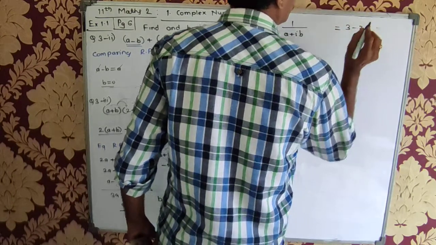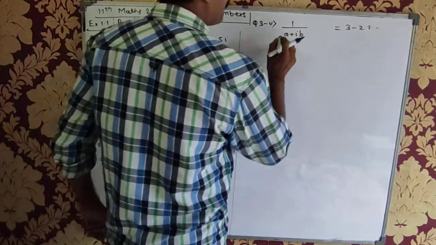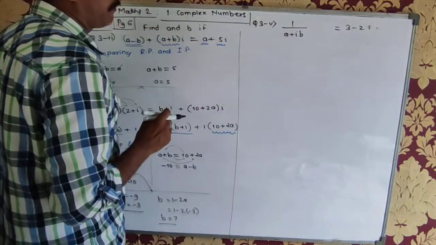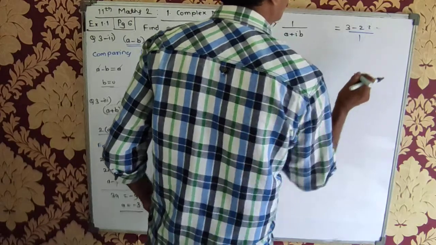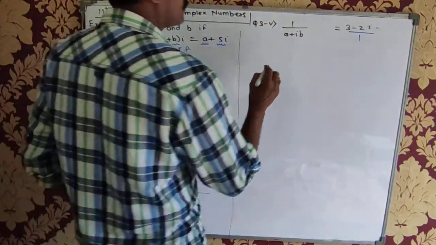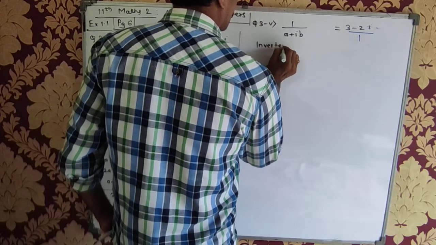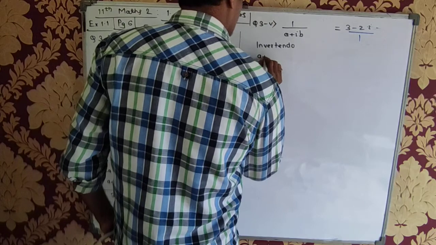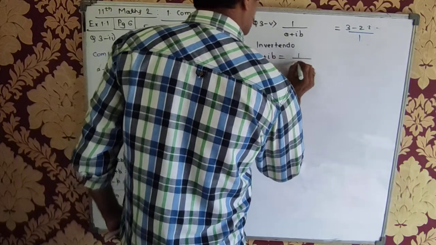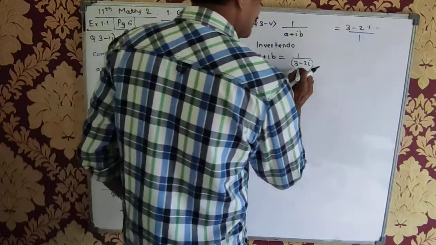Now whenever you come across such a situation, what I'll do is I will take the reciprocal of this. So what will we get? Invert it. So this will give me A plus IB is equal to 1 upon (3 minus 2I). Right? Now rationalize the denominator.